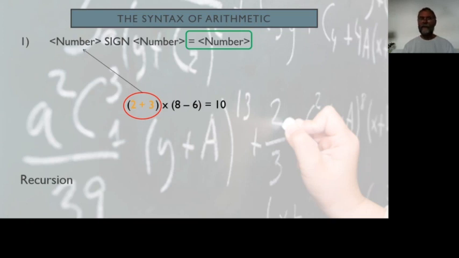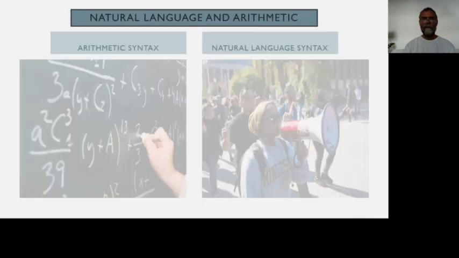However, there are rather large differences between natural languages and formal languages, and the best way to see those is to compare the two. So if we move on to have a look at a comparison between them. The first thing to say about the way these two languages differ is that with arithmetic syntax, the rules are actually very simple.